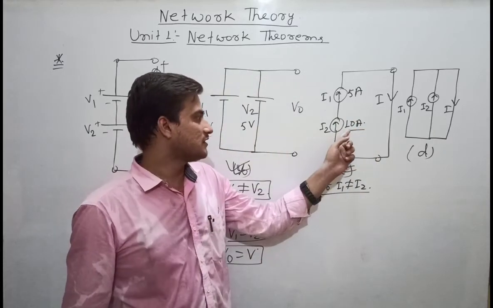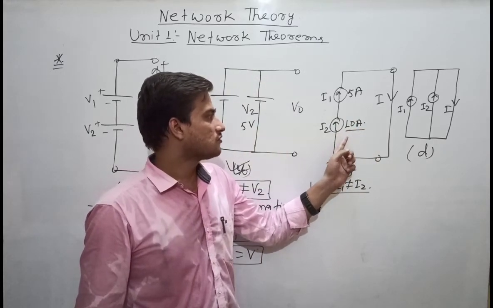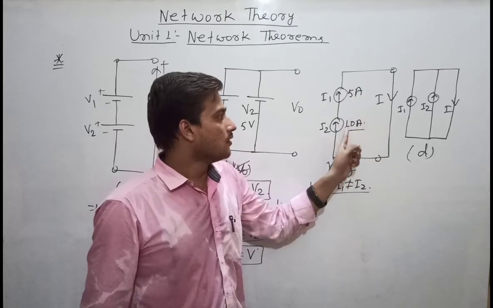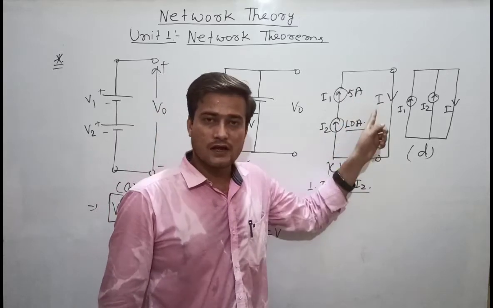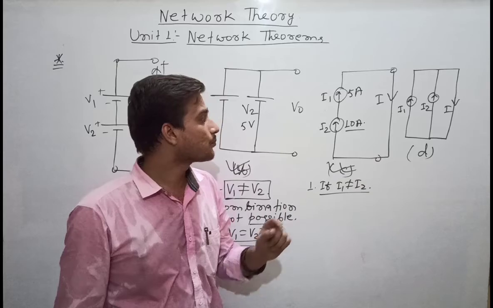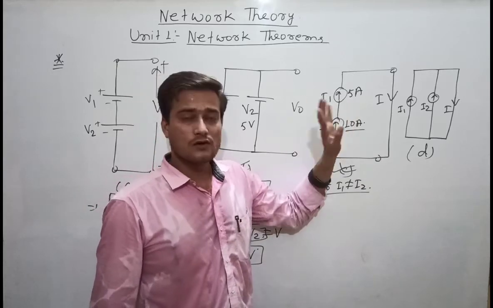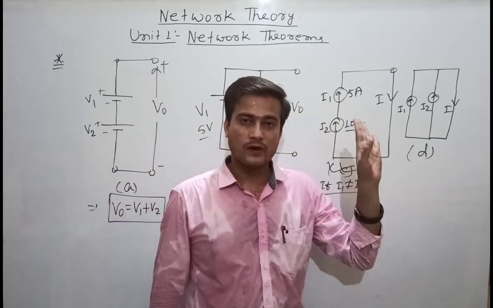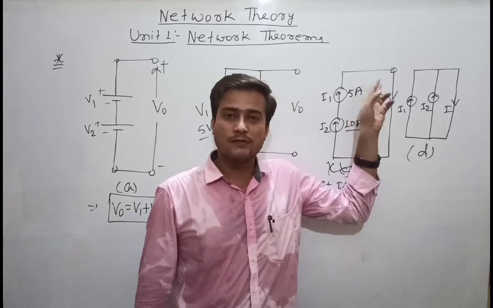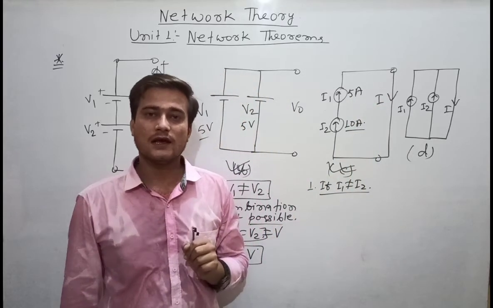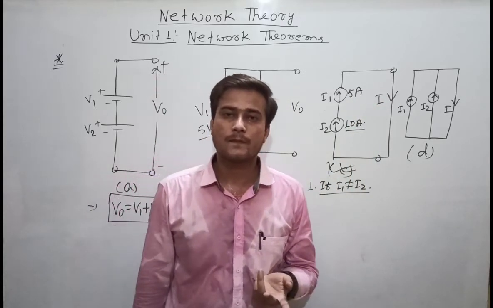So now this is an ideal source. This one will say I will maintain 10 ampere of current in this circuit. Clear? This one will say no, I am also ideal. Wait, I will maintain the current of 5 ampere in this circuit. So now what will happen?